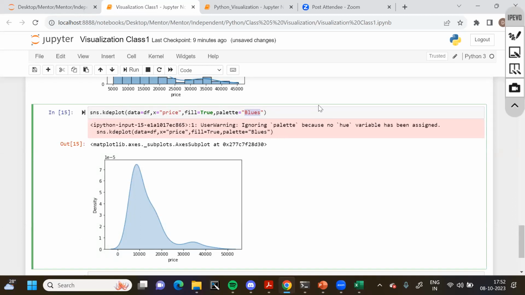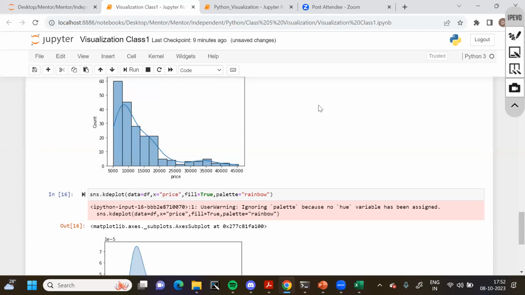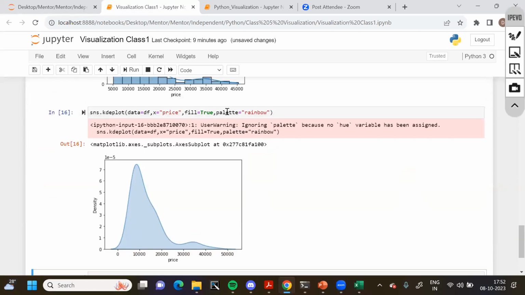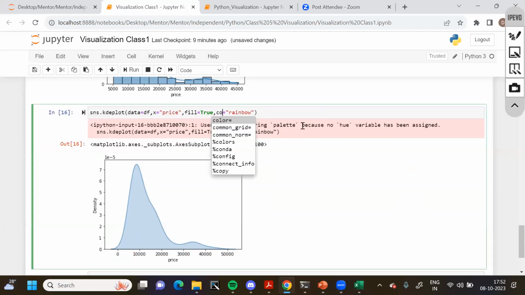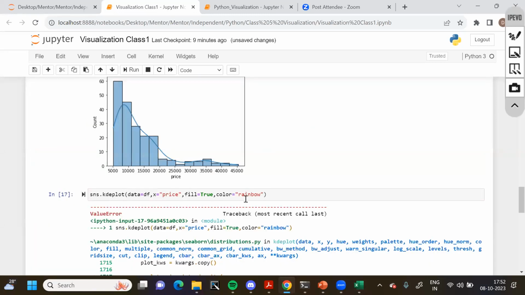Rainbow. No, I think I'm this. It is not taking color. Color only works if fill is equal to true.